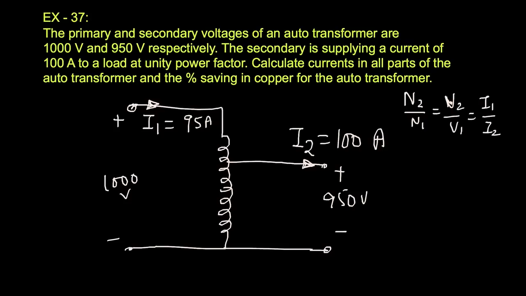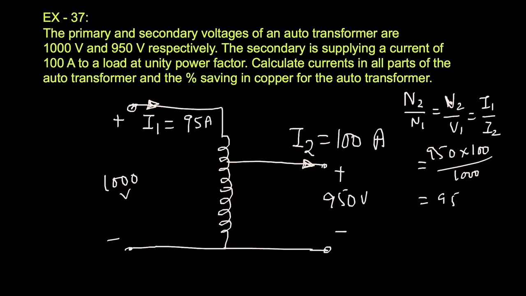So from all this, I can calculate what is I1. That is V2 into I2 by V1. So that is 950 into 100 divided by 1000. So I'll get 95 amperes for this.